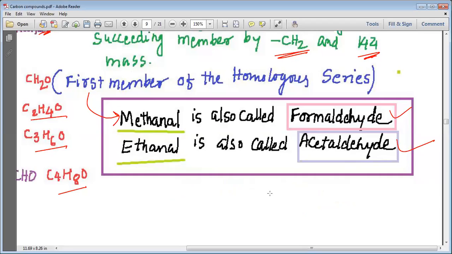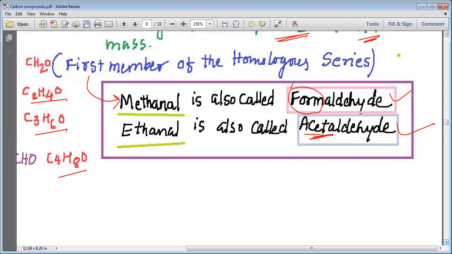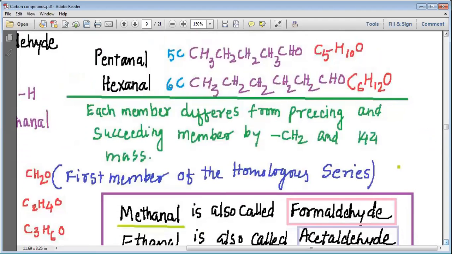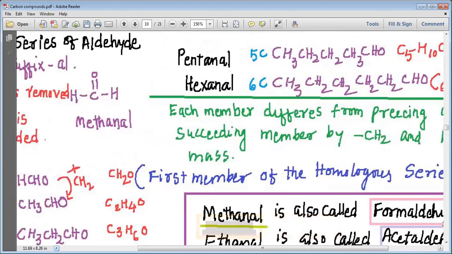For one carbon we write form, but for two carbon we write acet. So this is how we understand the common names. Formaldehyde and acetaldehyde are the common names of the aldehydes methanal and ethanal.